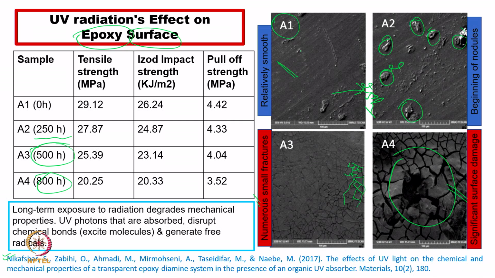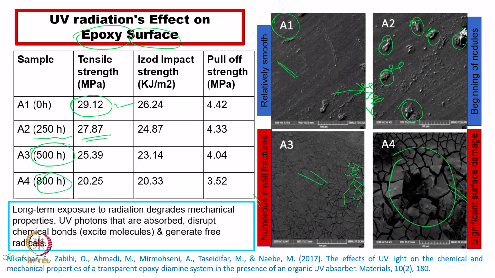So, maybe we can say here this was a ductile failure, maybe subjected to ductile failure, but this is a complete brittle failure, just from exposure to the radiation. Now, this is a surface failure or microstructure failure, but the author also compared the properties. You can see at 0 hour, at the start, the tensile strength of epoxy itself was around 29 megapascal.